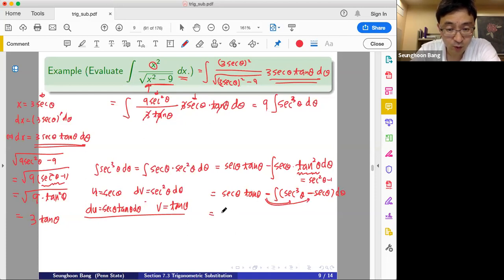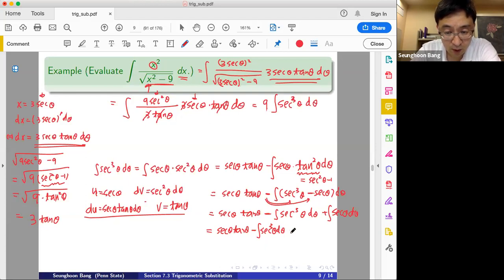So same as secant theta tan theta minus the integral of secant cubed theta d theta plus the integral of secant theta d theta. So we have it. That's right.